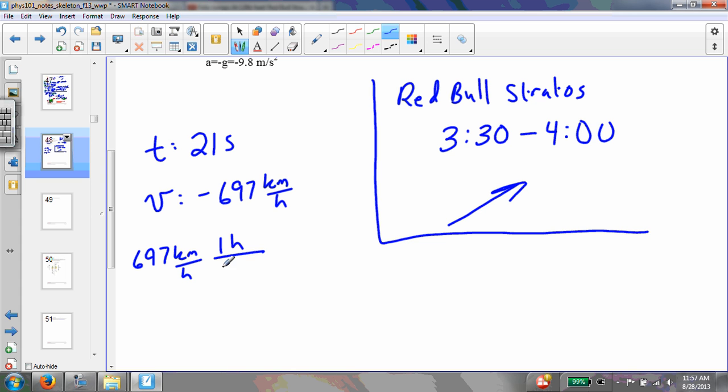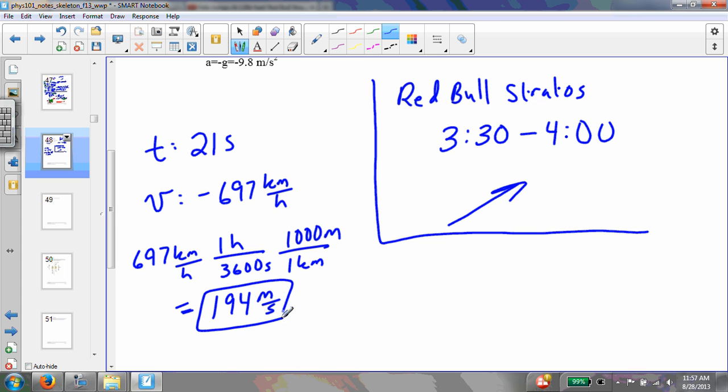In 1 hour, there are 3,600 seconds, and in 1 kilometer, there are 1,000 meters. So 697 kilometers per hour is the same as 194 meters per second. So this is what his altimeter or whatever gives as his speed.